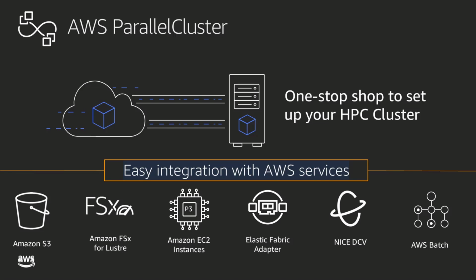It simplifies deployment of HPC clusters in AWS as it easily integrates with other key HPC AWS services like Amazon S3, Amazon FSx for Lustre, and the Amazon EC2 instances so that you can specify the type of instance you need, then enable EFA on supported instances, enable DCV for remote visualization, and it also supports schedulers like Slurm and AWS Batch. As a user, you deploy a cluster by specifying your resource requirements in a simple configuration file.